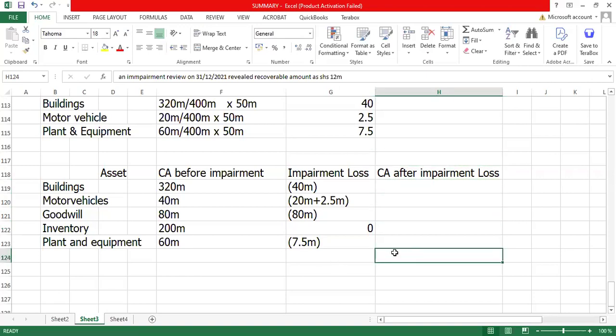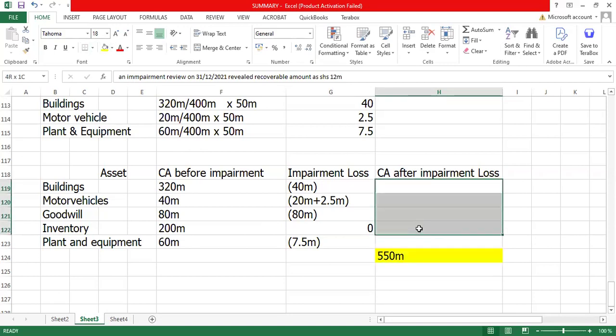The total you get here must be 550. You try to get for me the values here.